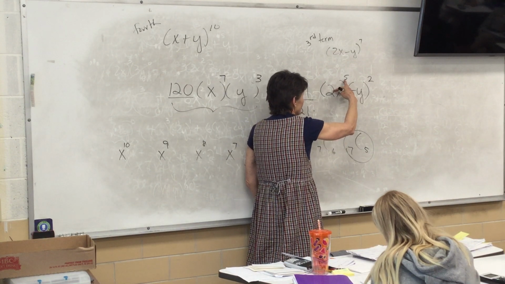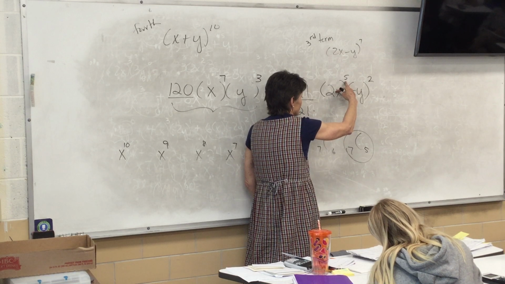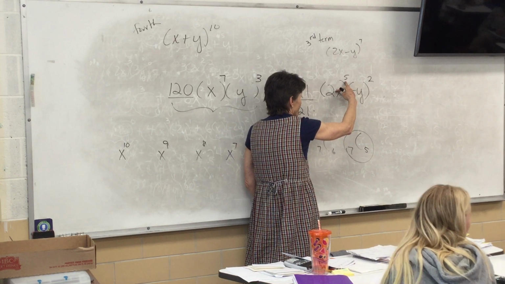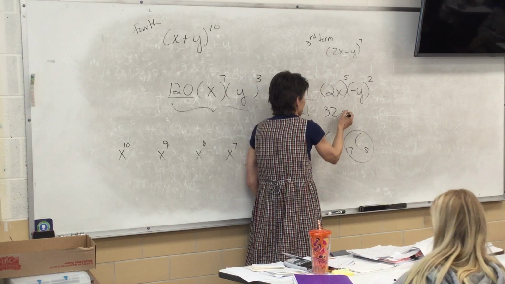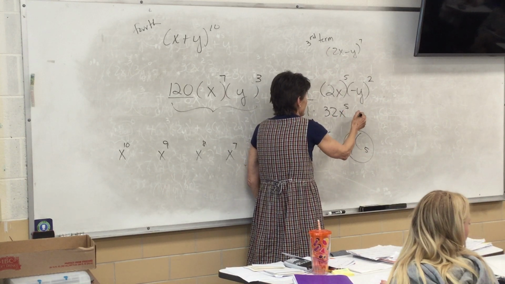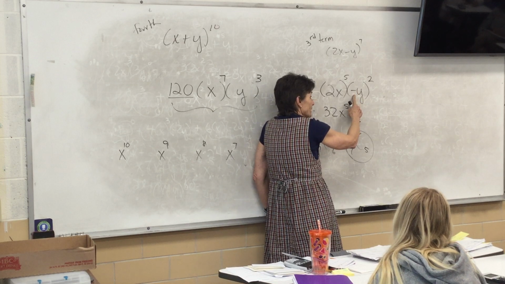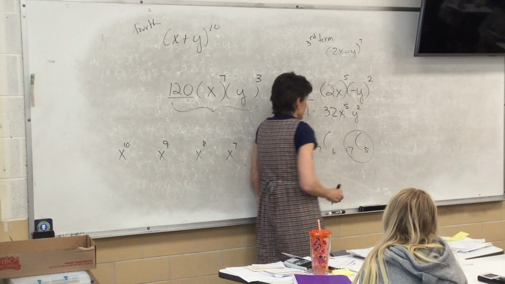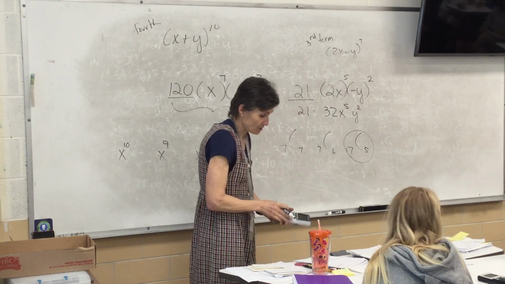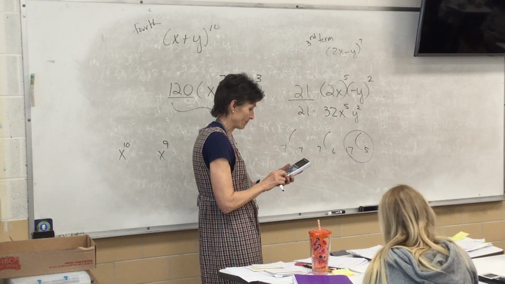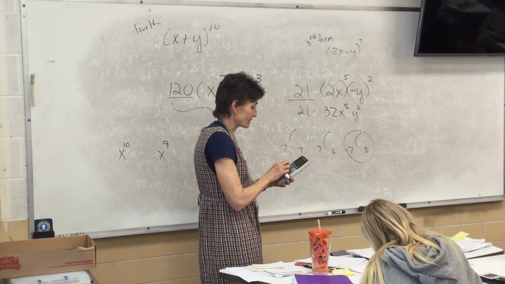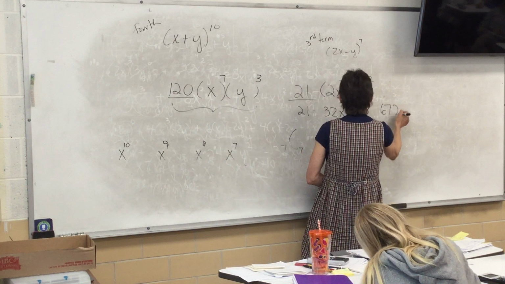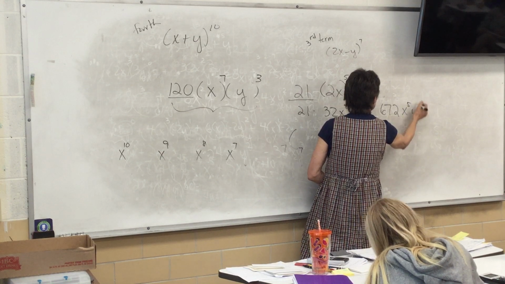What do I have here? 32, x to the 5th. And what's going to happen to that negative? Is it going to stay or go? It's going to go. So 21 times 32, 672. So my answer is 672, x to the 5th, y to the 2nd.